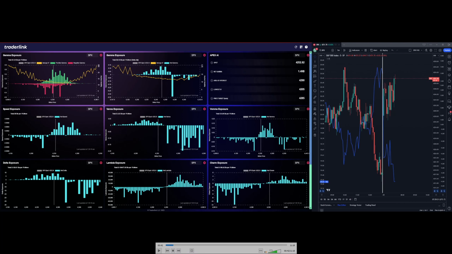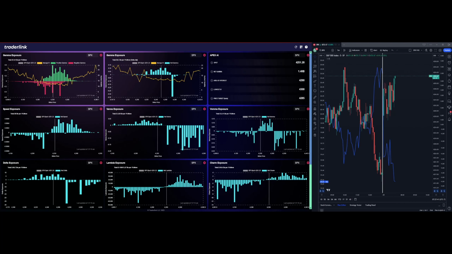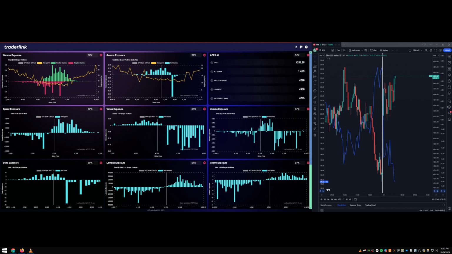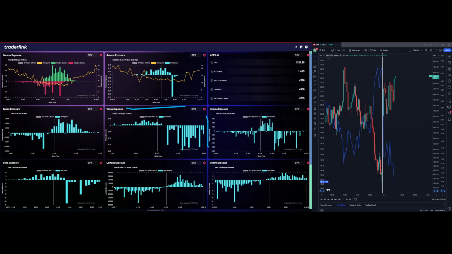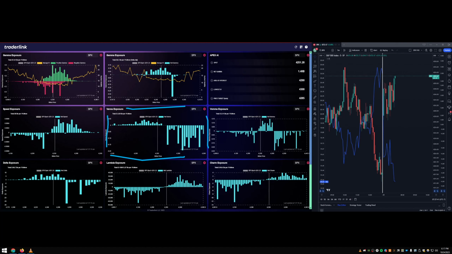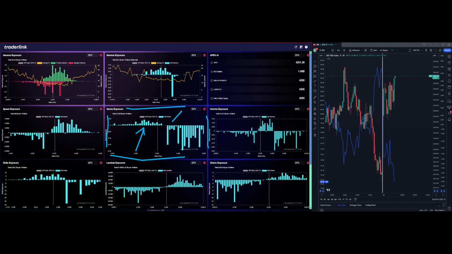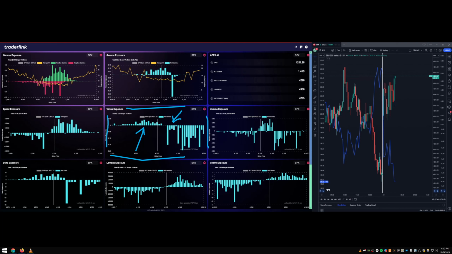First thing you can kind of see on VANA as we move up here: these bars are support, and this is resistance above us because we're in a positive environment. You can see it over here on speed.